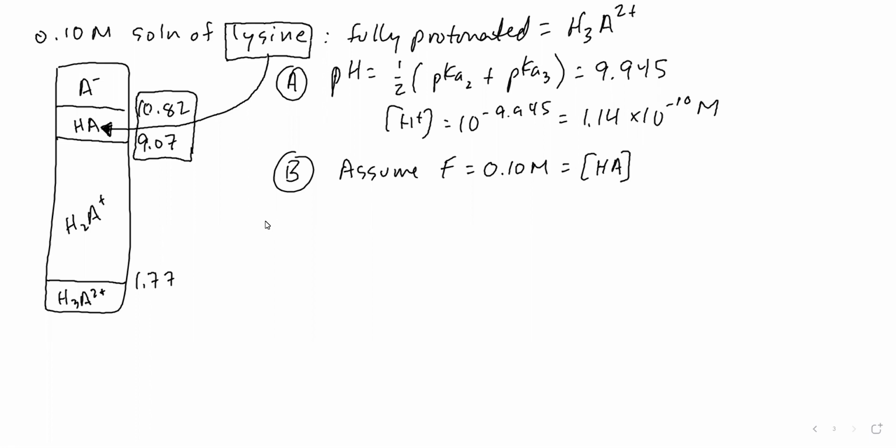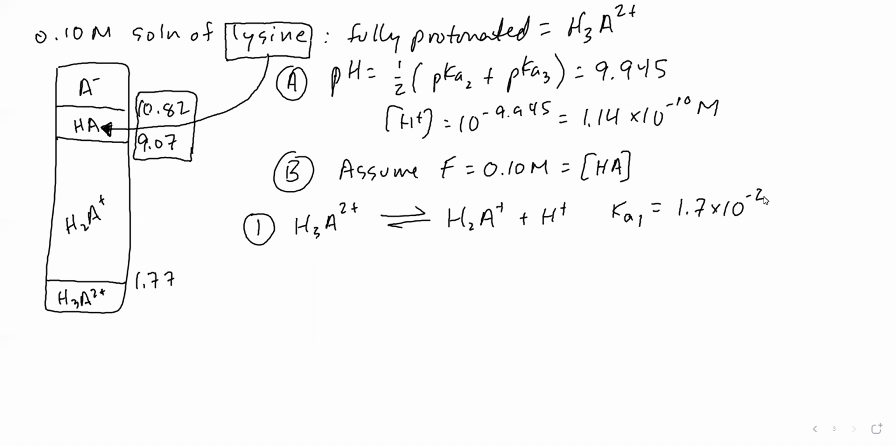All right, in this particular problem, we have 3 reactions. We're going to number them 1, 2, and 3, the 3 dissociations, beginning with the most protonated species. That's going to be described by Ka1, whose value is 1.7 times 10 to the minus 2. And then we've got our second dissociation reaction, mathematically described by Ka2.